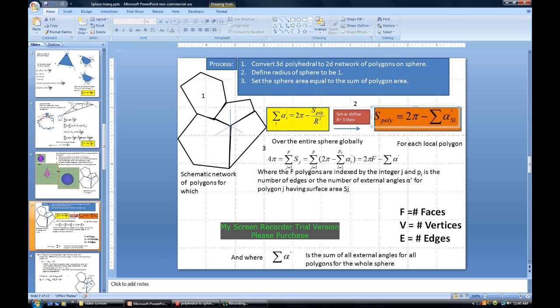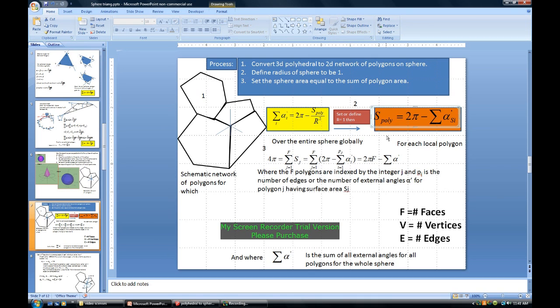First, convert the network to a 2D network of polygons, just as we just explained. Define the radius of the sphere to be 1. So in general, the sum of the external angles of any polygon is given by this relationship, 2 pi minus the area of the polygon divided by r squared. And then part 2 just says define r equal 1.